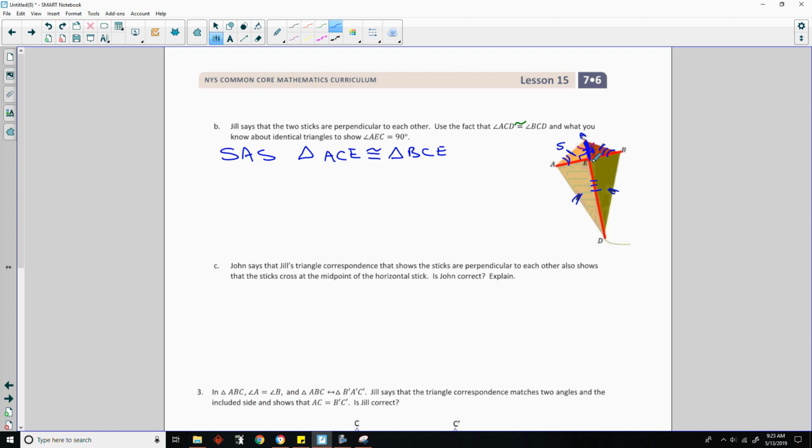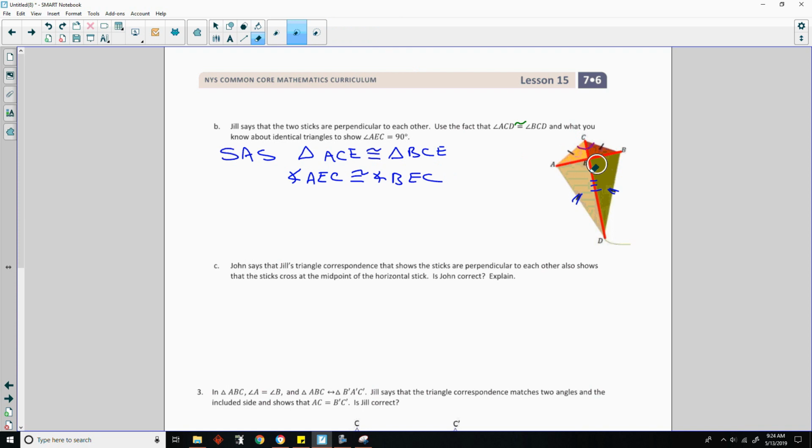And this angle here and this angle here must be congruent as well. Okay, so now we know the two triangles are congruent. Now we also can say that angle AEC is congruent to angle BEC. So let me clean this up a little.